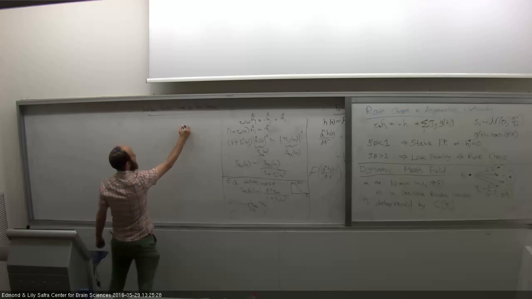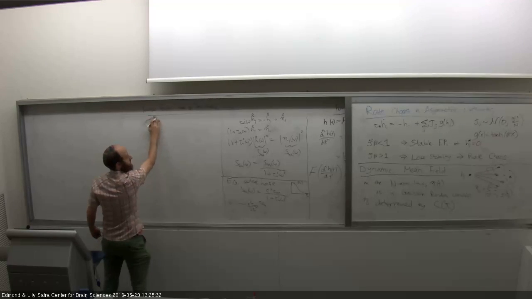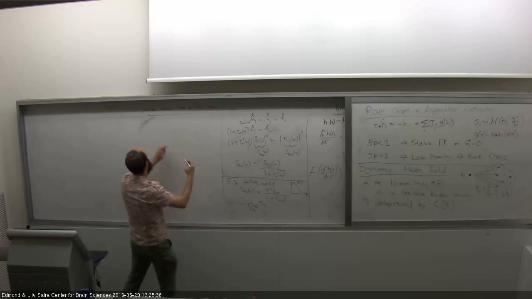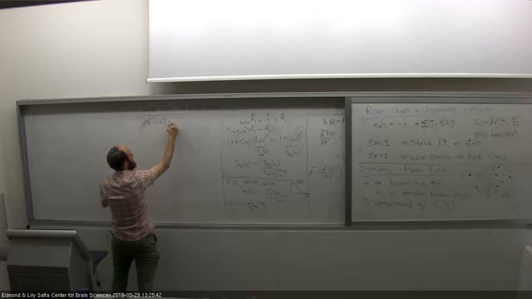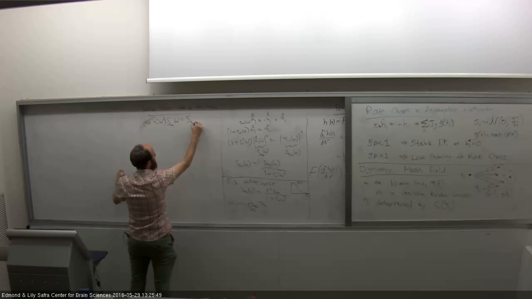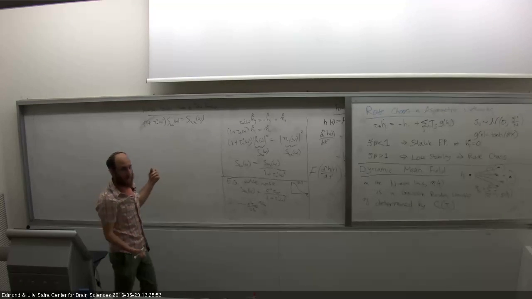I'll write again the equation I'm taking the inverse of, from this stage here. We have 1 plus tau h squared omega squared times S_h of omega equals S_eta of omega. Now I'm going to take the inverse Fourier transform on both sides.